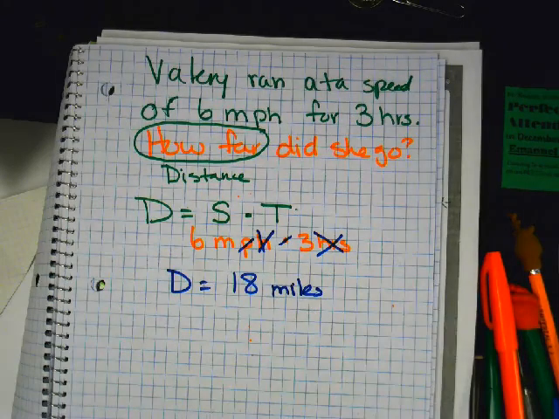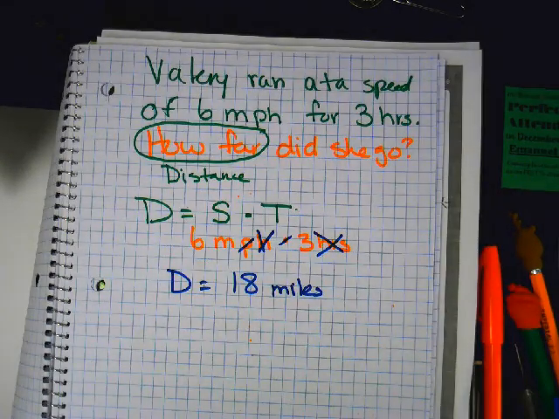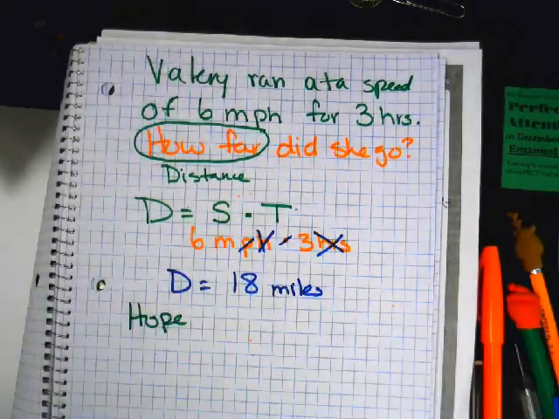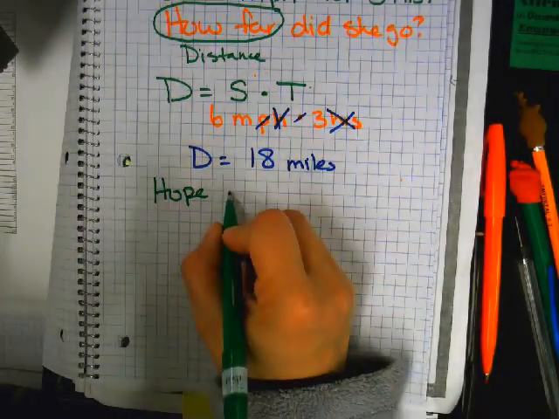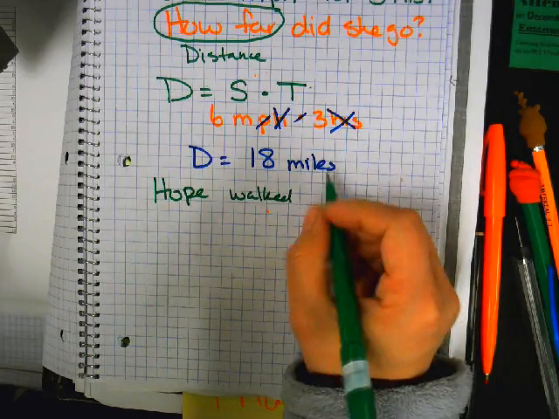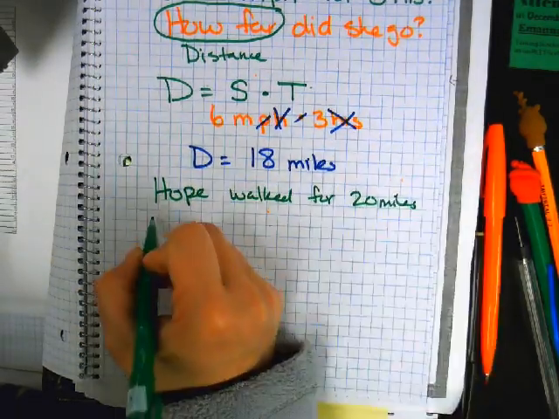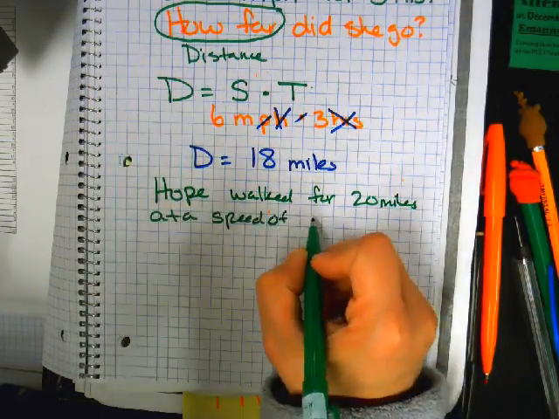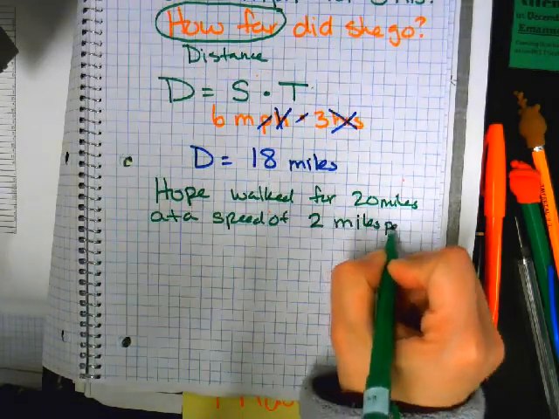All right. What did Hope do? Hope walked for 20 miles at a speed of 2 miles per hour.